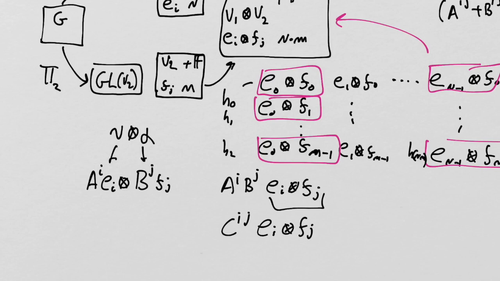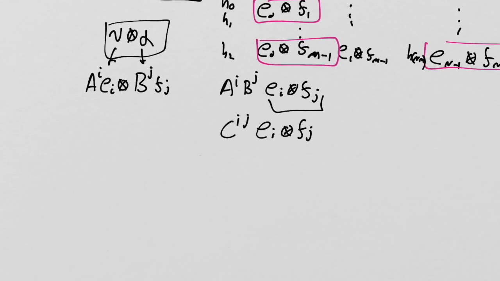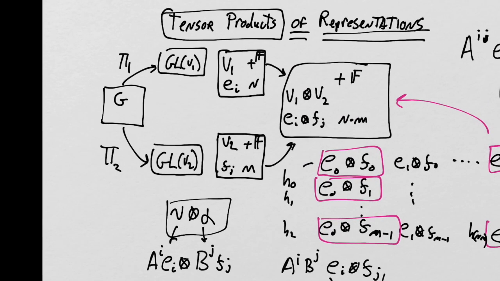And so I can talk about the vector in the tensor product space that corresponds to the tensor product of two vectors, one from V1 and one from V2. And that is the secret to this notion of representations, right? Because I have a representation to get me from G to the general linear group acting on V1, and I have a representation from G to get me to the general linear group on V2.